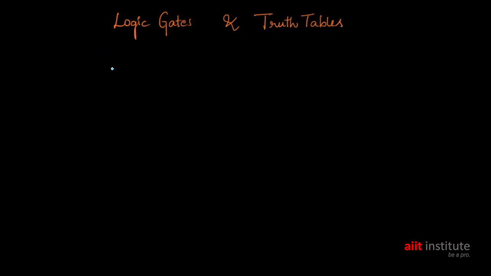In this video, we are going to learn about logic gates and truth tables. Let us start with logic gates. What is a logic gate? A logic gate is a circuit which is used for basic logic expressions.